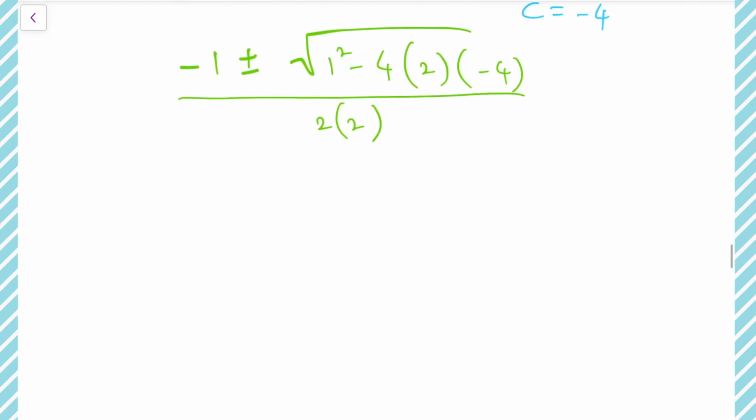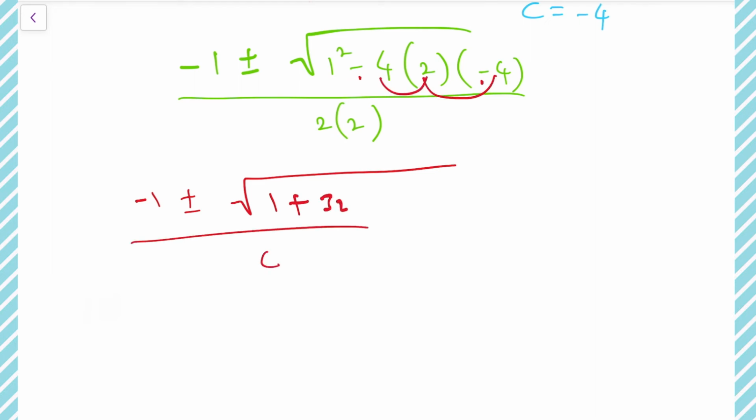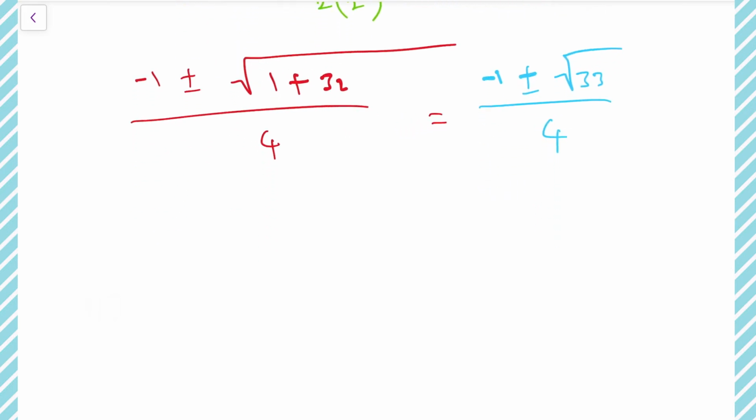So let us simplify this. Minus 1 plus or minus under root 1 square is 1. Here minus into minus is plus, 4 2s are 8, 8 4s are 32, whole divided by 2 2s are 4. Then that is equal to minus 1 plus or minus under root 1 plus 32, it is 33, whole divided by 4. Now root 33 is not a perfect square, so we cannot simplify further.